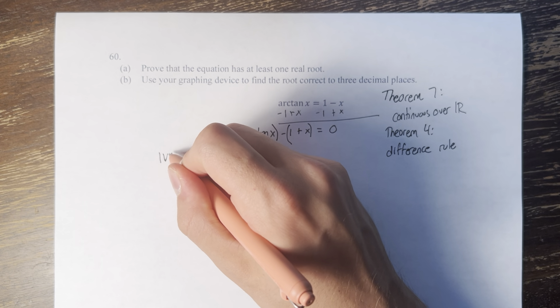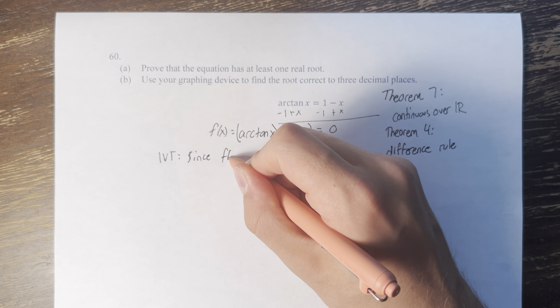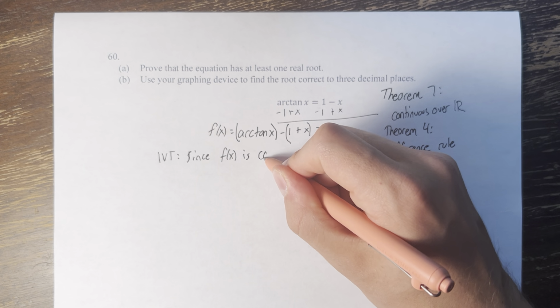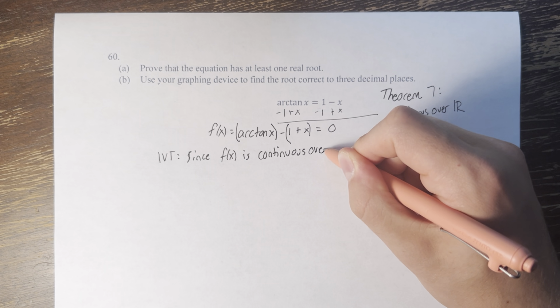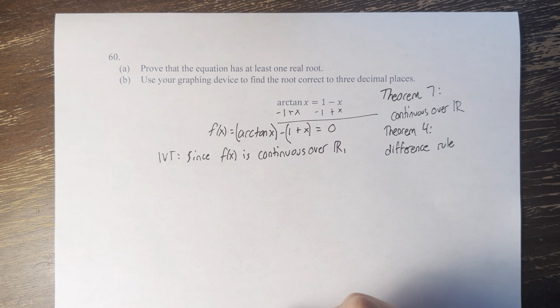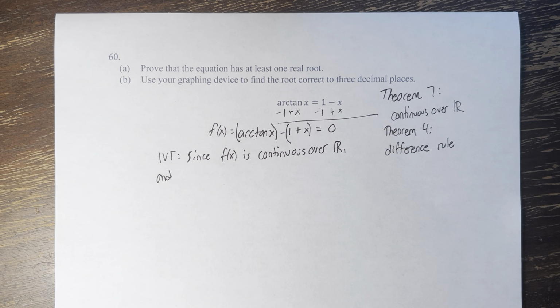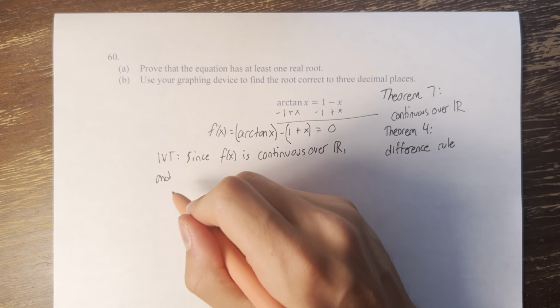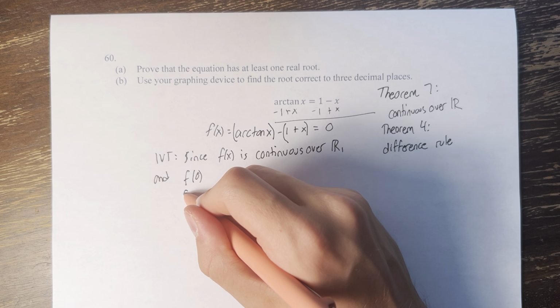So we can use the intermediate value theorem, which states that since f of x is continuous over all real numbers, now we have to find two different values of f of x. So let's do f of 0 and f of 1.